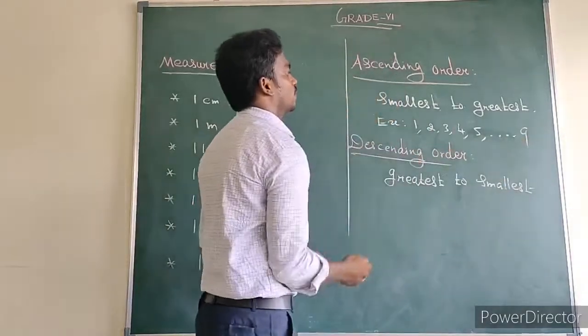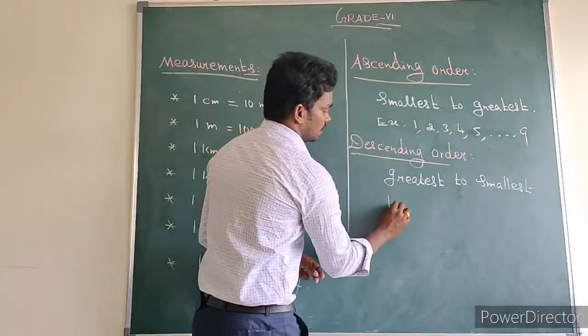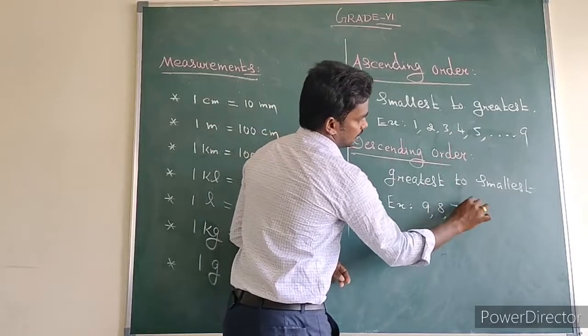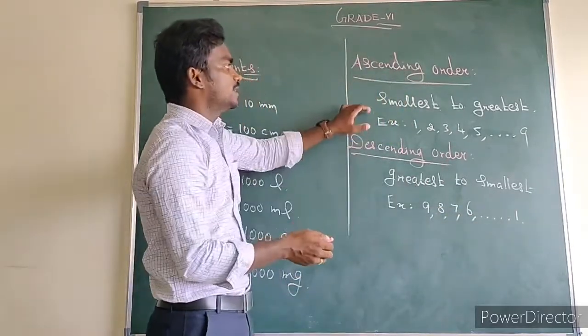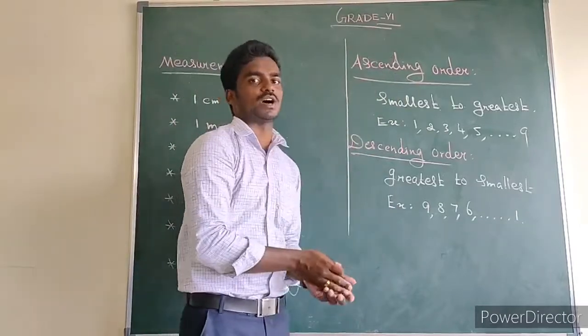For example, 1, 2, 3, 4, 5, 6 up to 9 is ascending order, and in descending order we write 9, 8, 7, 6, 5 up to 1. So ascending order means smallest to greatest and descending order means greatest to smallest.